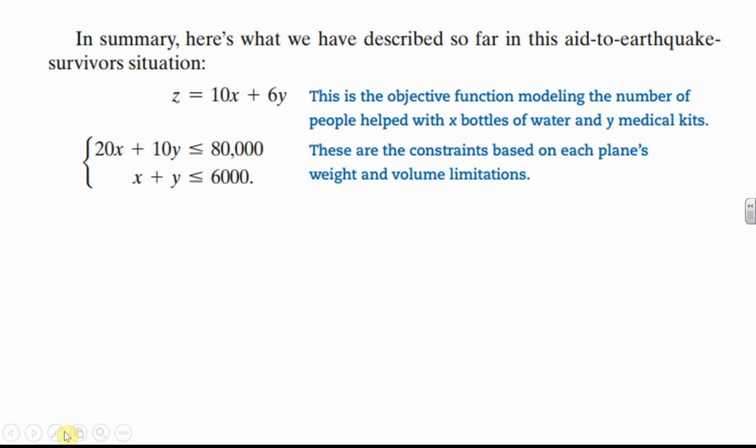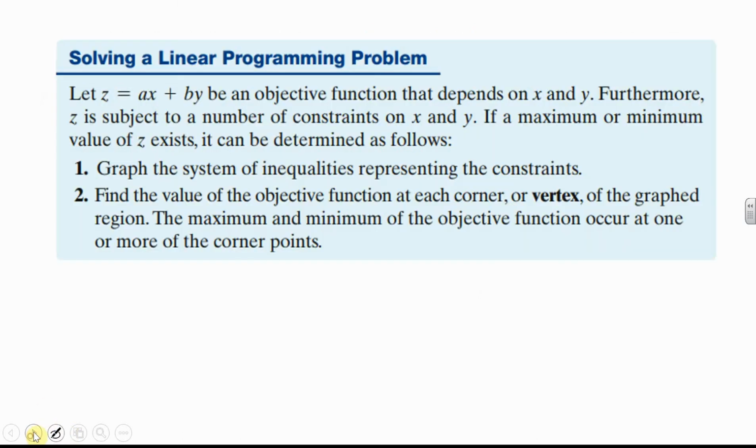So the objective function is to maximize Z, this Z equal to 10x plus 6y, based on those constraints. Here is the method for solving. Number 1, we graph the system of inequalities representing the constraints. That's what we did in the previous section. Number 2, find the value of the objective function at each corner or vertex.